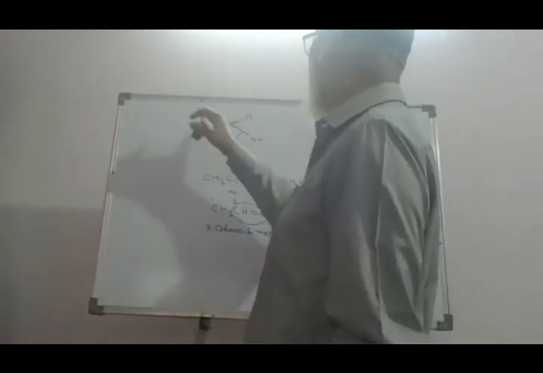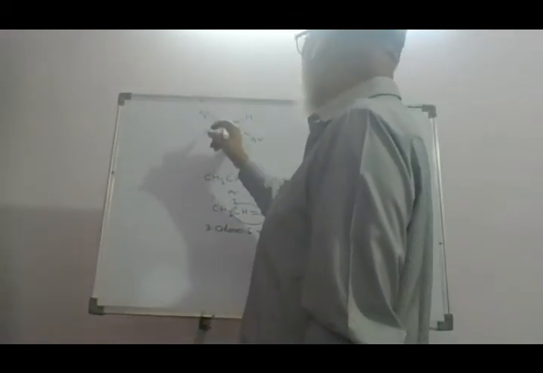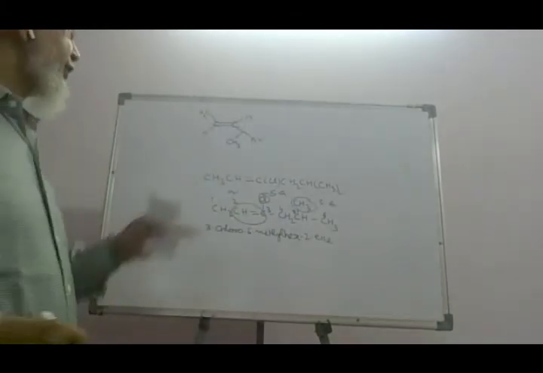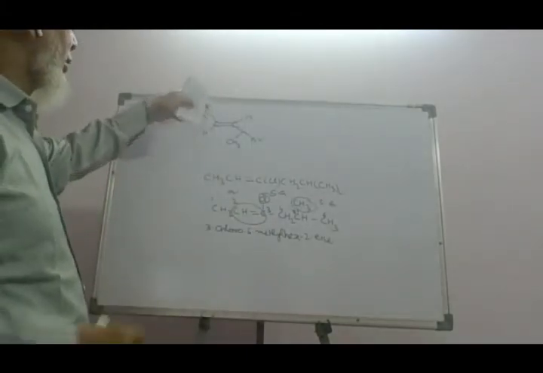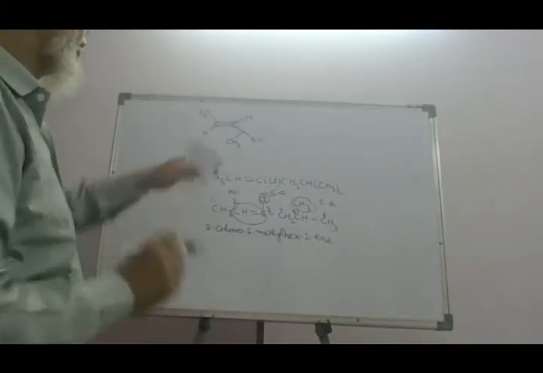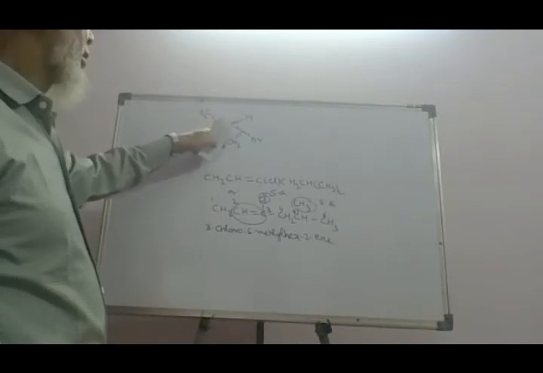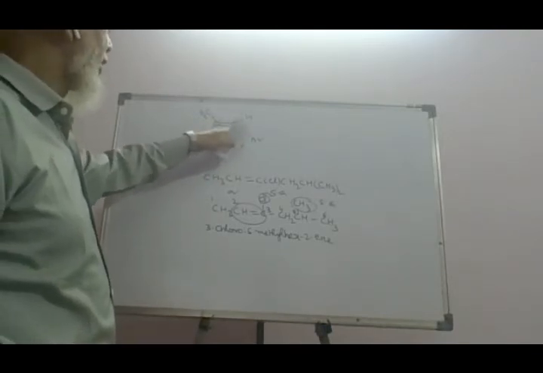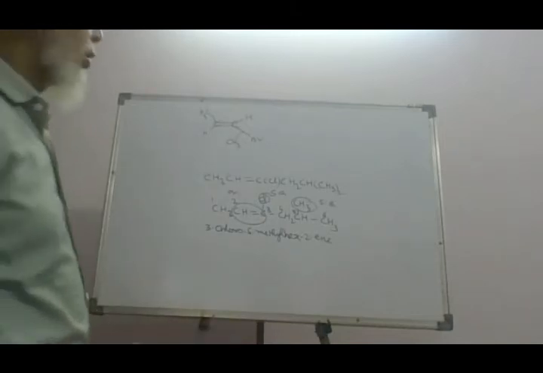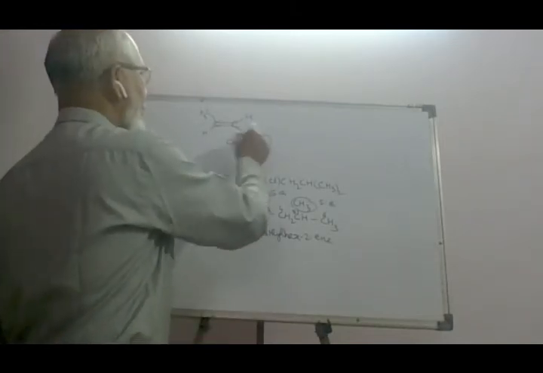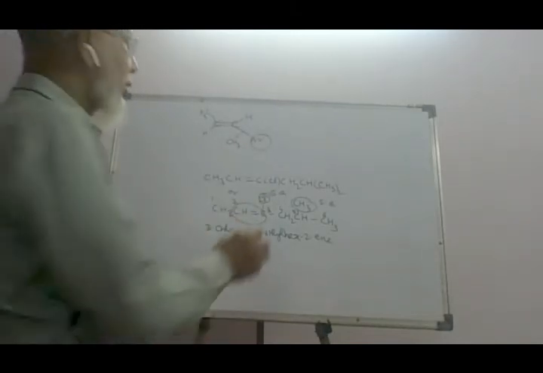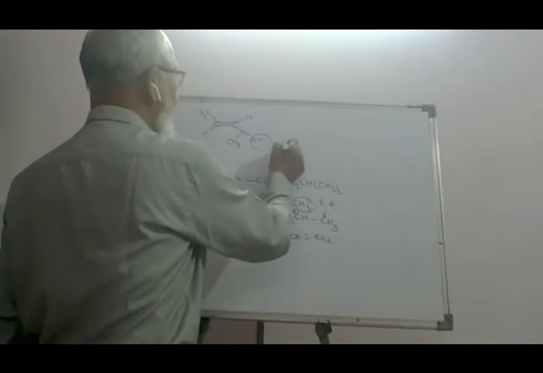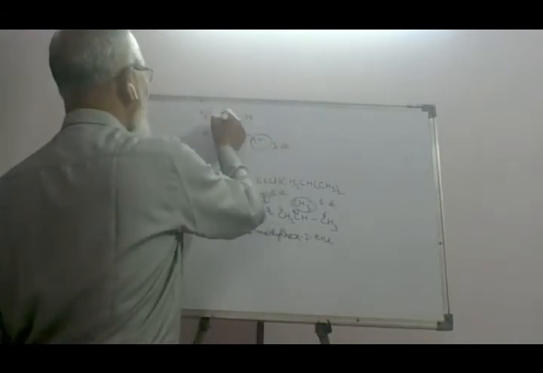So if you take the longest possible chain, it will be 1, 2, 3, 4 and 5 carbon atoms. And if we start the numbering from this end, the double bond will get the second position. And if we start the numbering from this end, then the double bond will get the first, second and third position. Since there is a substituent group also present, that is bromo, the double bond should be given preference over the substituent group.